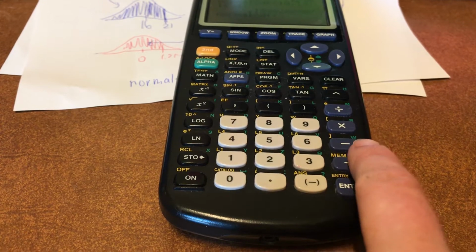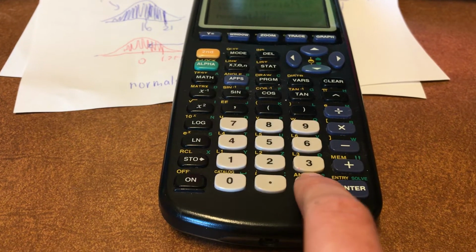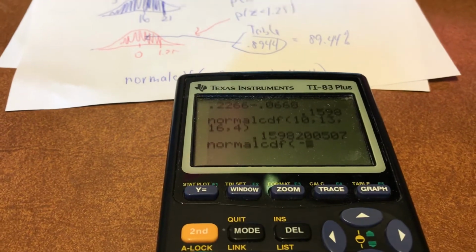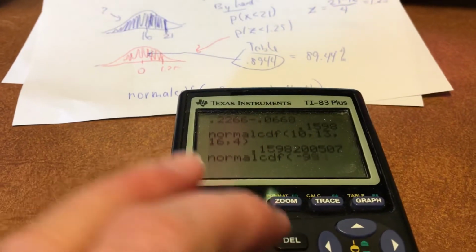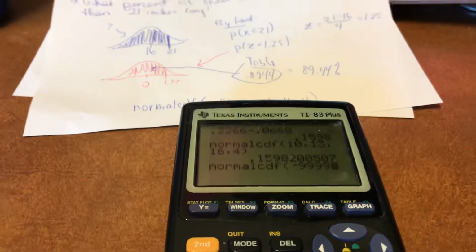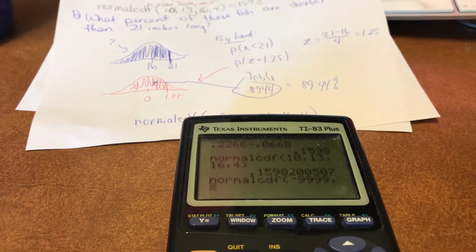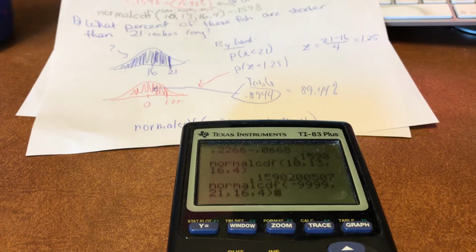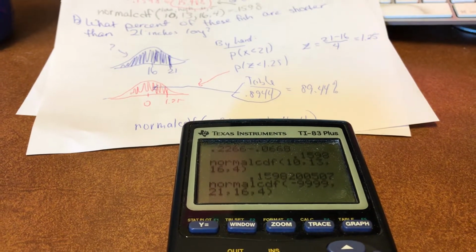That is not negative. This little button down here is negative. Your calculator knows the difference and will not be gentle if you do them wrong. So, negative 99999, comma 21, comma 16, comma 4. Lower bound, upper bound, mean, standard deviation.